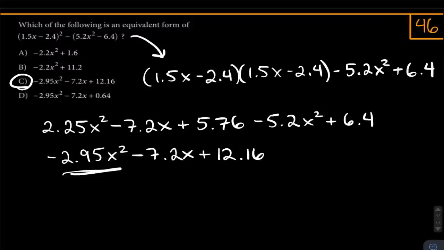And then, once we have that, we either know if it's this group or this group. And these both have the same middle term. So we just need to focus on this last term here. Is it a 12.16 or is it a 0.64? Well, let's multiply negative 2.4 by negative 2.4 and then add 6.4 to the end. And that's how you would get 12.16.